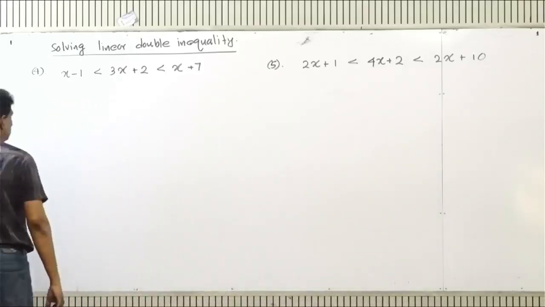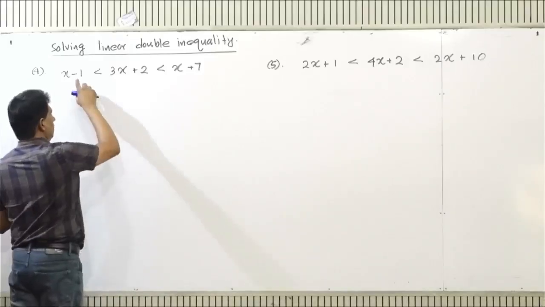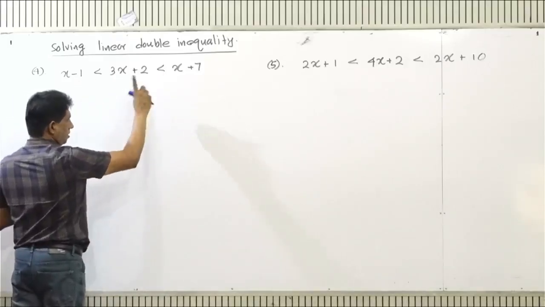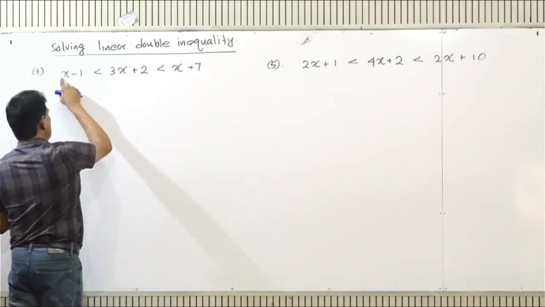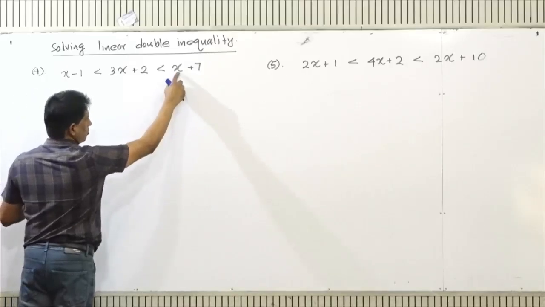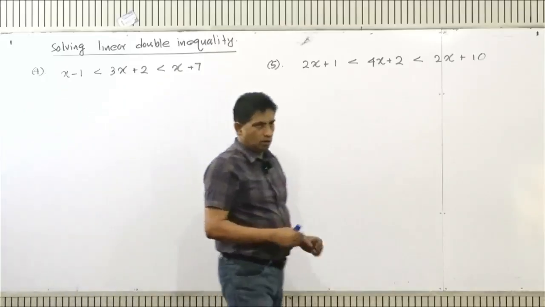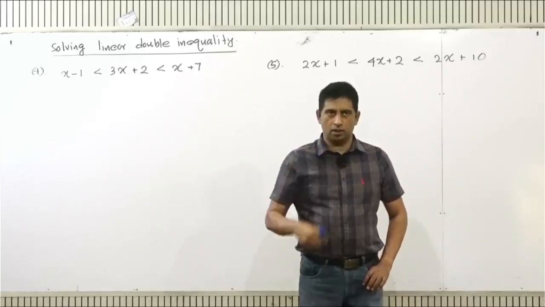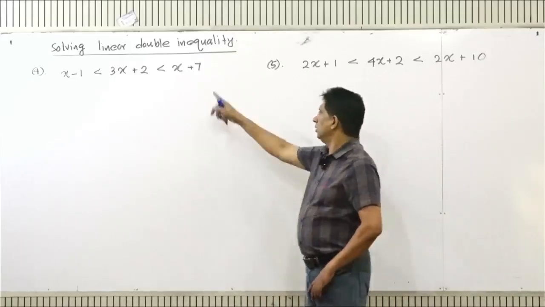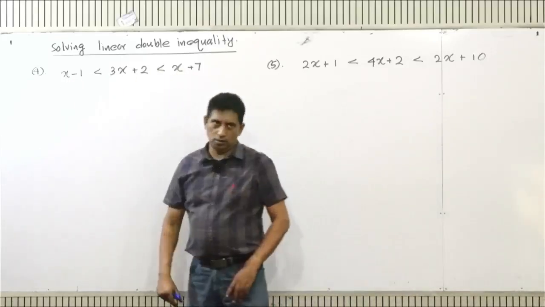Right. Now in this case, each and every side x is there, no? But in this side here positive x, here also positive x, no? Then if we subtract positive x from each side, then we can remove this positive x and this positive x.